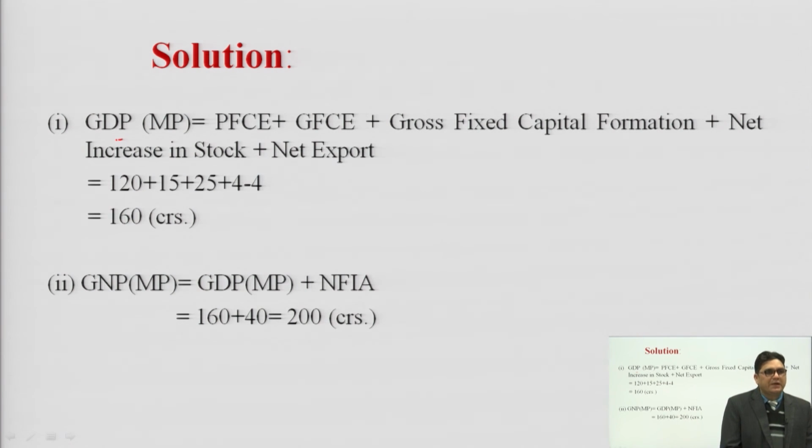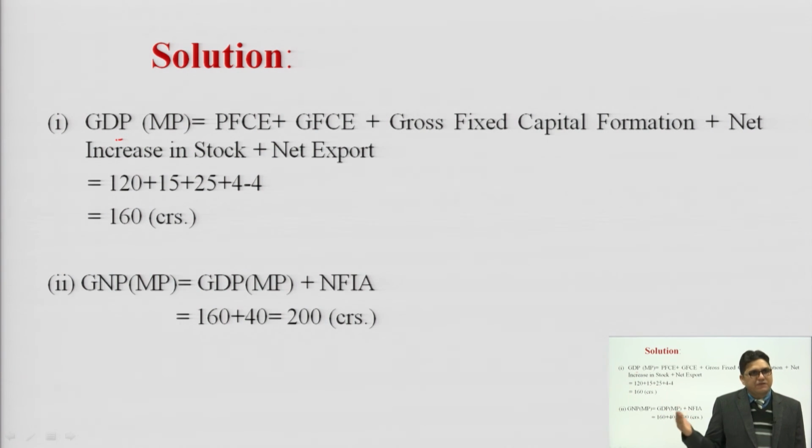And how it is calculated is the value of output minus intermediate consumption. What is intermediate consumption? It is the utilization of raw material while we are producing certain goods and services. We have to be very careful: this purchase of raw material could be domestic or from abroad.